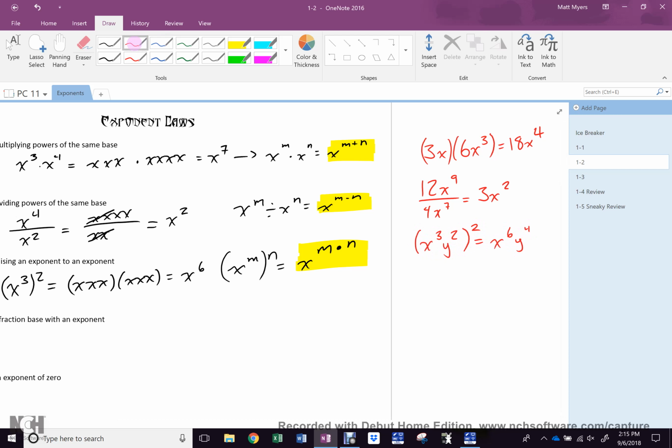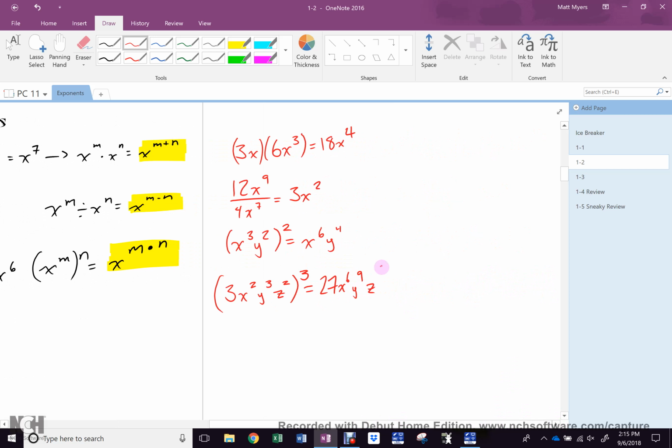And the last one that screws up kids more than anything, 3x squared, y cubed, z squared, all to the 3rd. 27 x to the 6th, y to the 9th, z to the 6th. Everybody forgets the 3 cubed also goes to that 3.